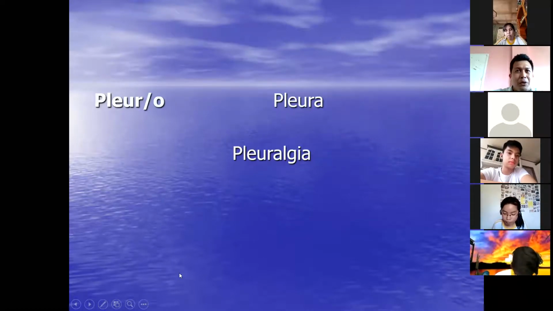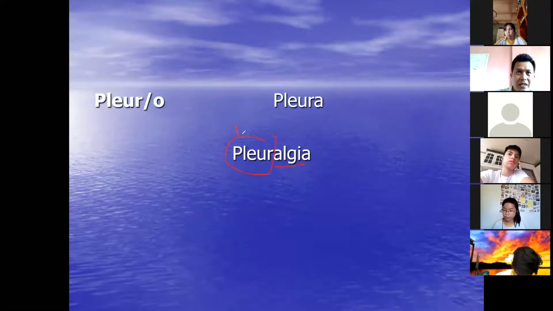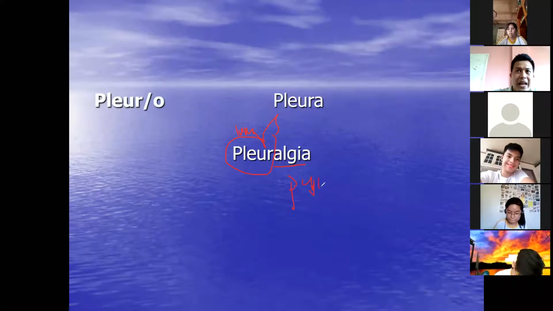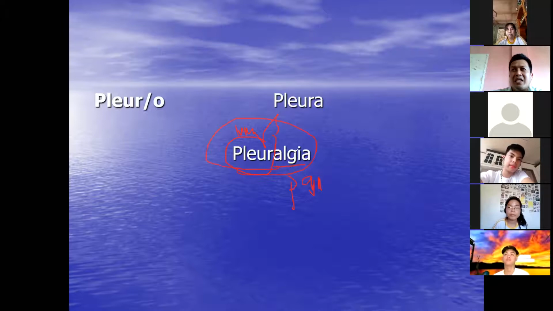Pleura is lung. This pertains to the lungs. Algia means pain. So when you talk about pleuralgia, it's pain in breathing. When you breathe, there's a painful sensation that you experience. That's pleuralgia.